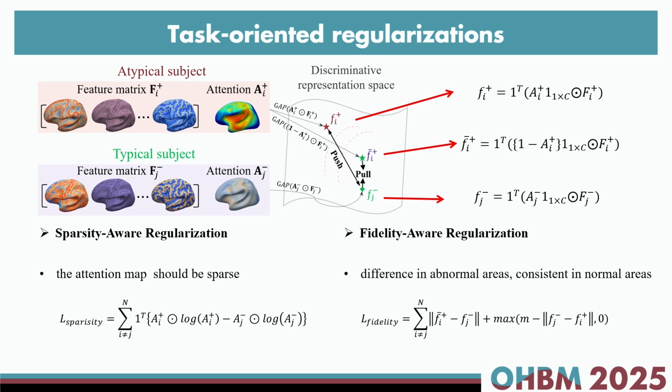To enhance discriminative feature learning, we introduced task-oriented regularization guided by insights into infant brain development. Our approach enforces 2 key properties in attention maps. First is sparsity for ASD cases. Since ASD-related cortical changes are localized, we use an entropy-based regularization to make attention maps focus on the specific abnormal regions. The second is fidelity for normal regions.